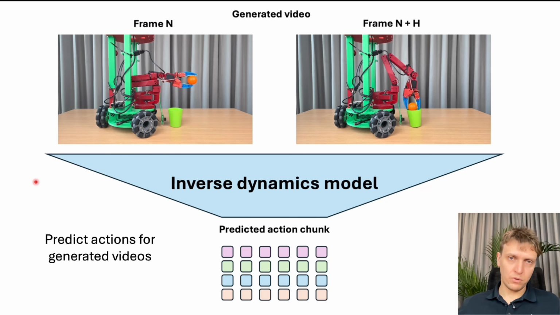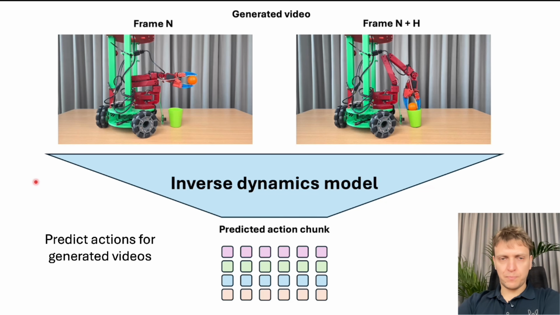But if you have already some video generation model that is pre-trained on thousands and thousands of different videos, and specifically robotics video, then you can apply some kind of distillation by generating this video of your robot doing some particular task.